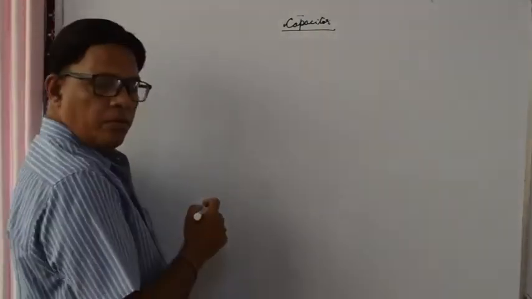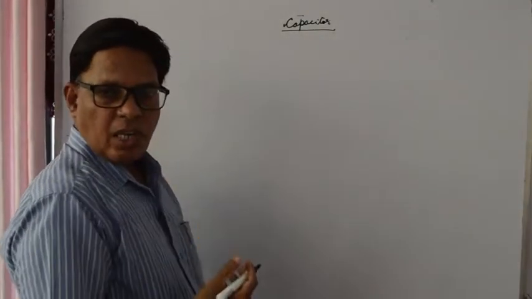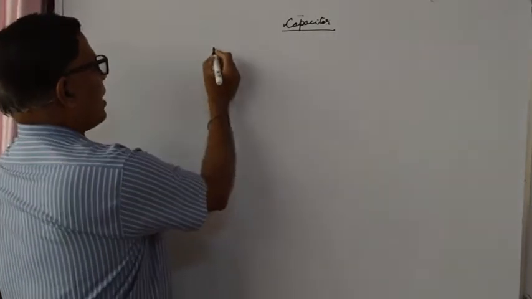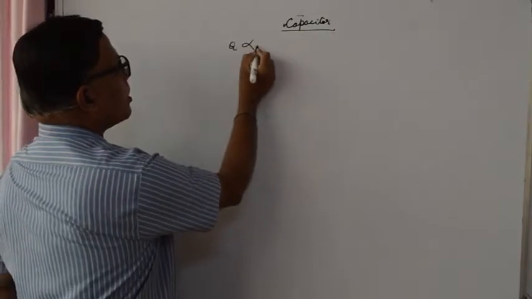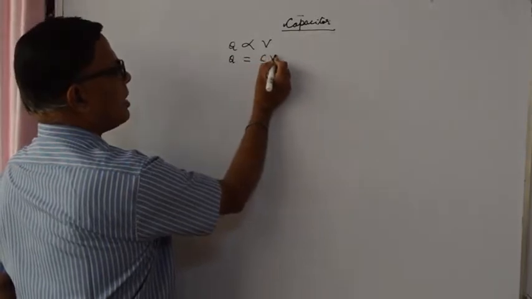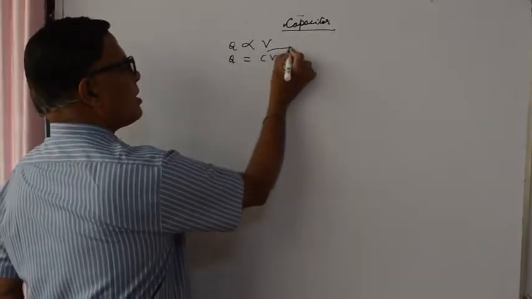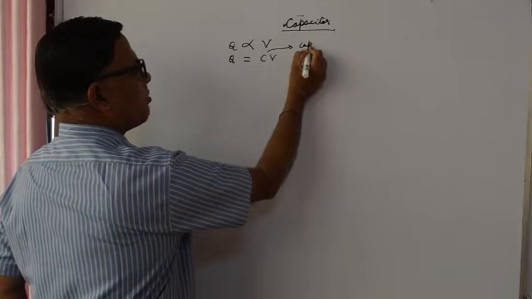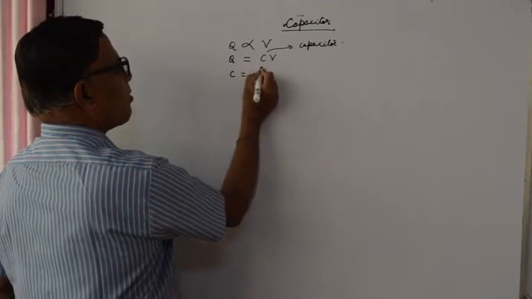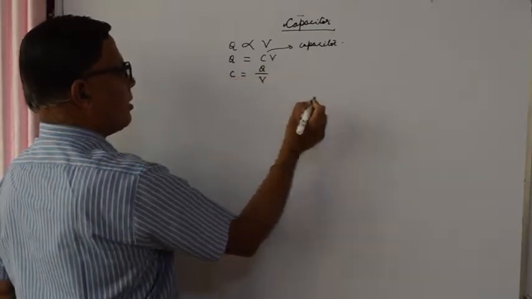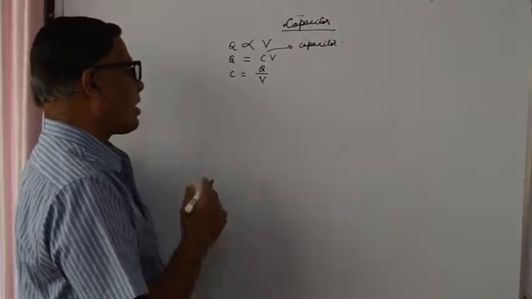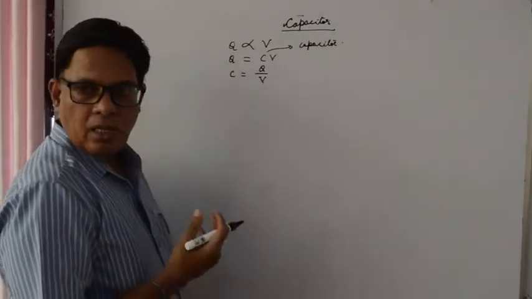We know that for any body, potential is directly proportional to the charge. So we can write Q proportional to V, or Q is equal to a constant C into V, where C is a constant called the capacity of the conductor, or C is equal to Q upon V. From here it seems that the capacity of a conductor depends on the charge and the potential.